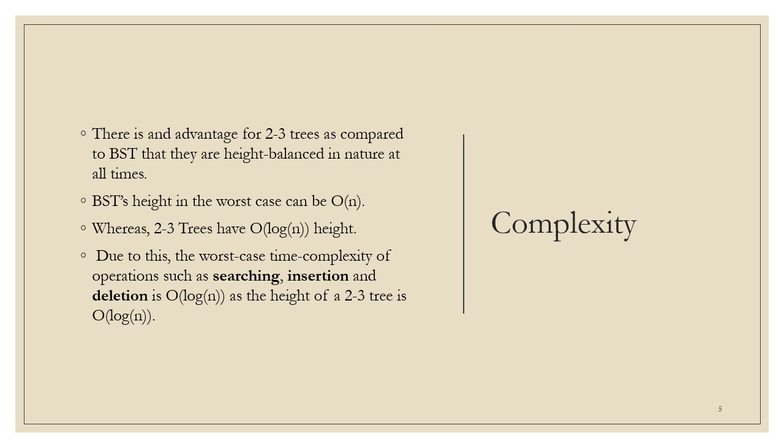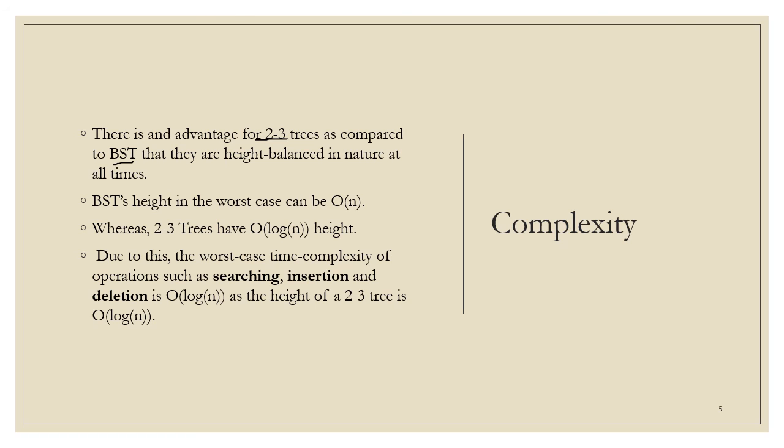Now, after observing the deletion steps of the 2-3 tree nodes, it would be nice to know about the complexity of the operations on 2-3 trees a bit. If we compare the BST with 2-3 trees, we will observe that 2-3 trees have an advantage because they are height balanced in nature.